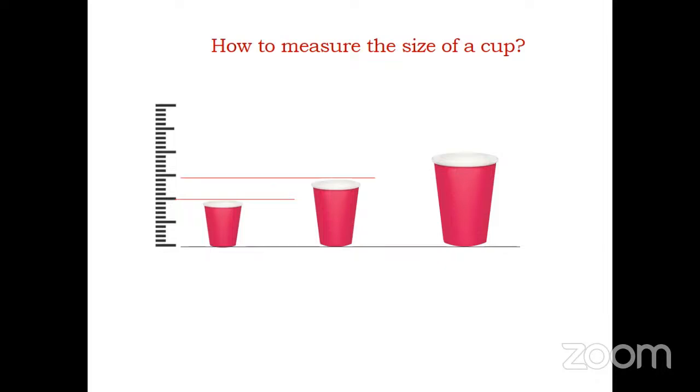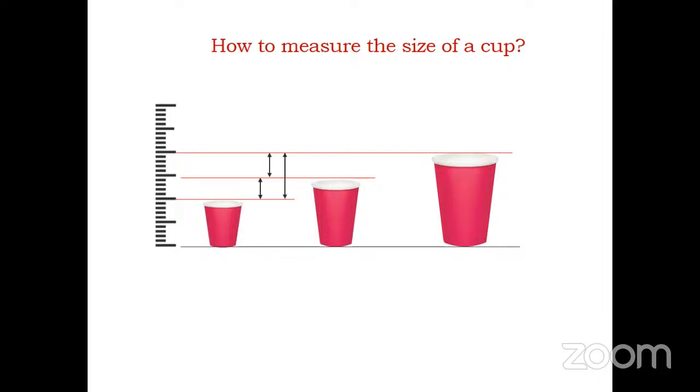The height of the second cup is 3 units. And the height of the third cup is 4 units. The difference of height between the first cup and the second cup is 1 unit, and the difference between the second cup and the third cup is also 1 unit.